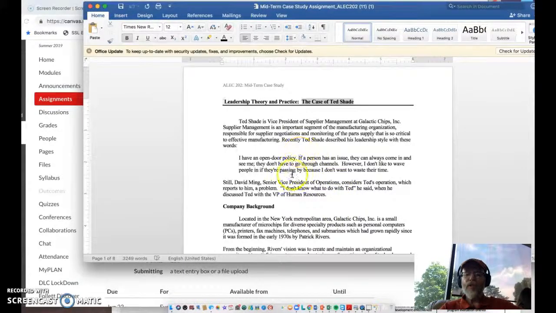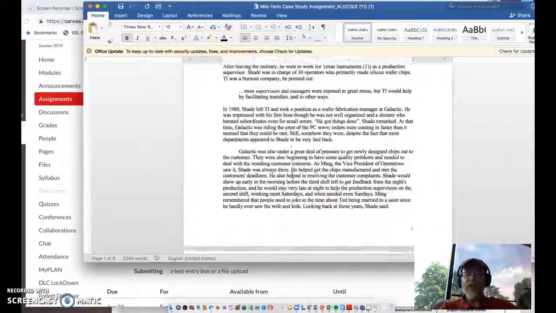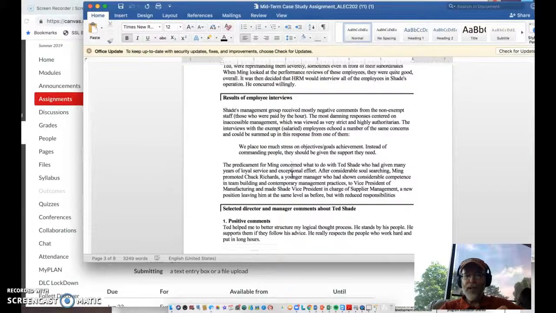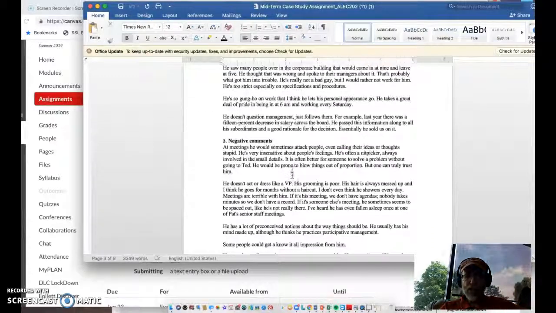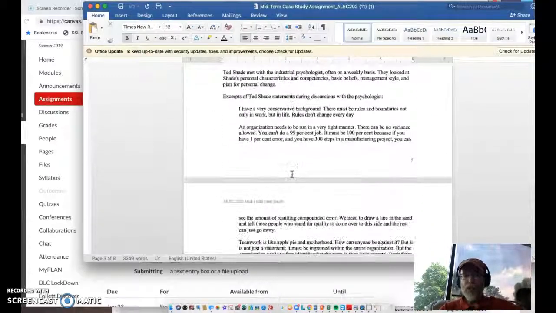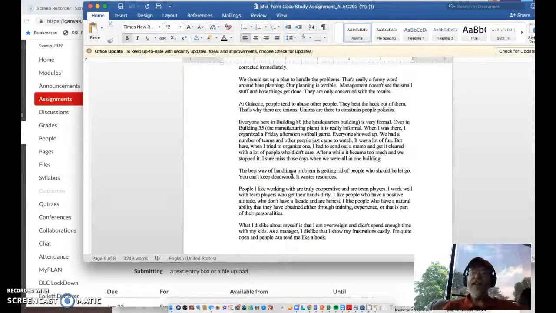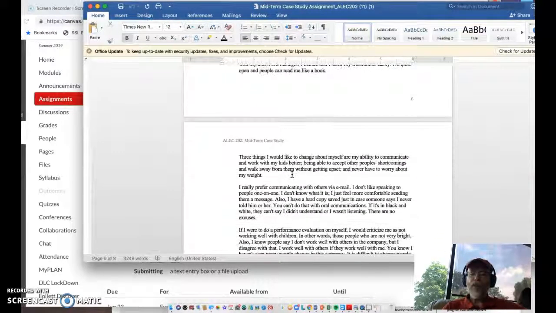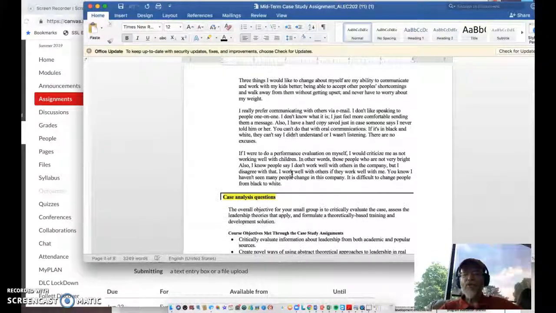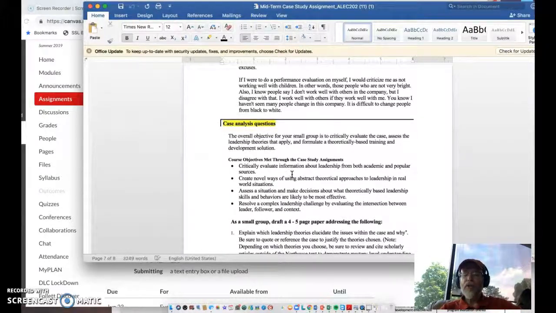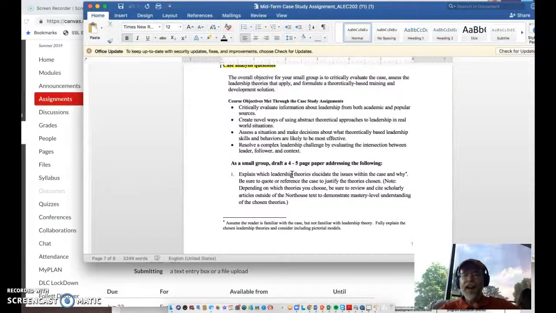You want to read through this story and assess, as you do it, what some strengths and weaknesses in the leadership are. And in particular, you want to identify as a group one or two theories that you're going to use to make an assessment, a diagnosis of the leadership, what is strong and what is weak, what's missing, based upon how that theory defines leadership or describes good leadership. You're going to say what's strong, what's missing. So you want to pick one or two theories to do that and make that assessment.